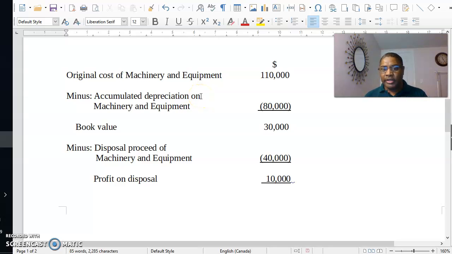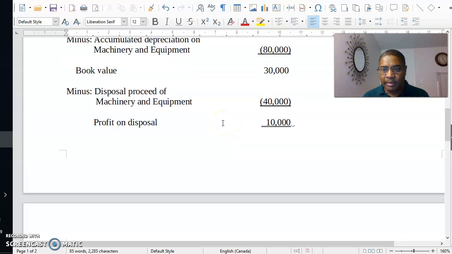So take, for example, we could seek the market value of this asset, right? And then compare the previous period market value with this period market value to find out the reduction in value. Okay, say for example we could do that.